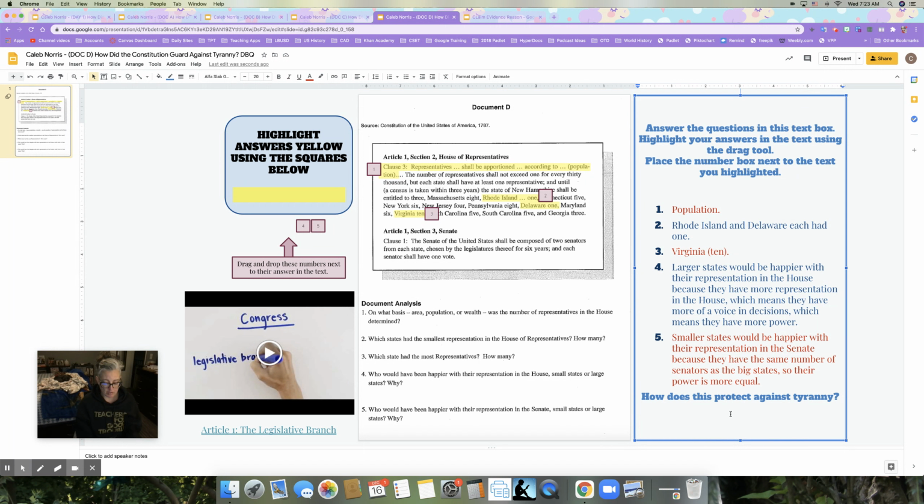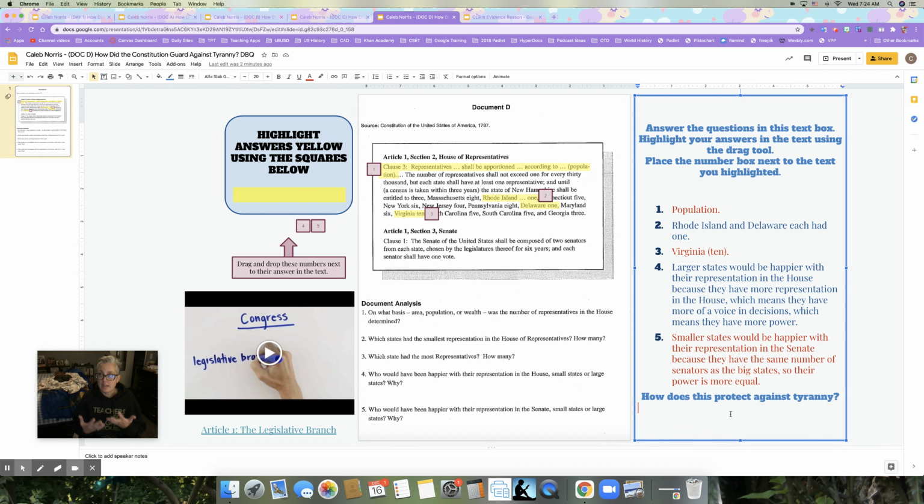Because if the smaller states who tend to kind of vote the same on things, if the smaller states had equal power in the House and the Senate, then what they may do is overtake the larger states. So by allowing the larger states to have a little more of a voice in the House, but still having the Senate be equal, it kind of neutralizes the larger states from being taken over by the smaller states.